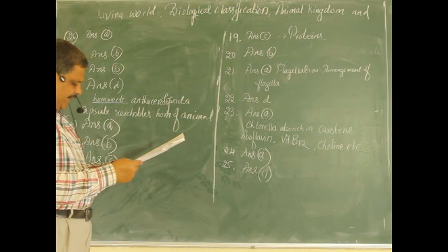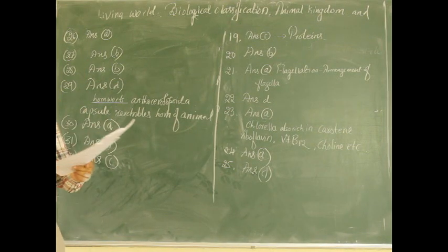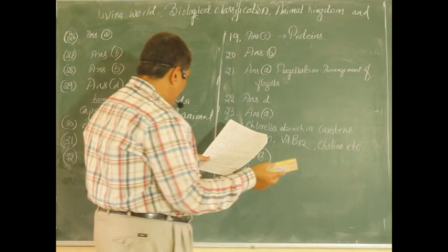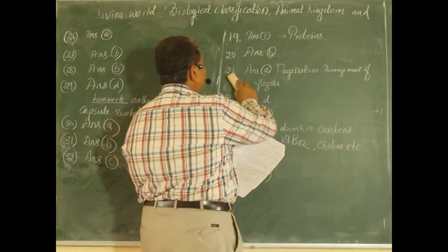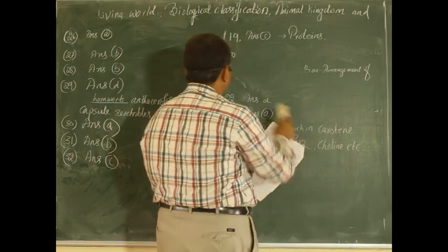Question number 33. Protonema stage is found in option A, ferns; option B, mosses; option C, liverworts; option D, fungi.